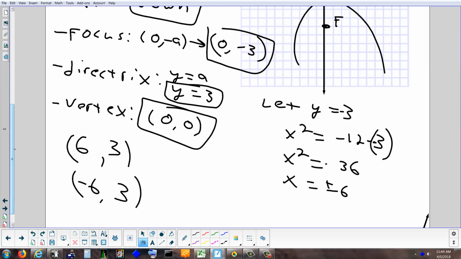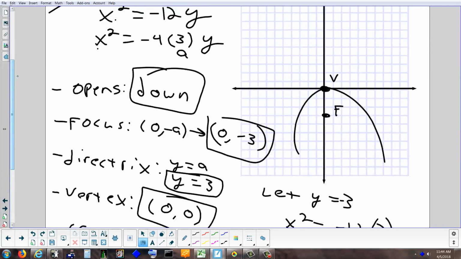Right 6, down 3. My picture is probably going to be off a little bit. So 6, down 3, and then mirror image it on the other side. Left 6, down 3. And that's your parabola.